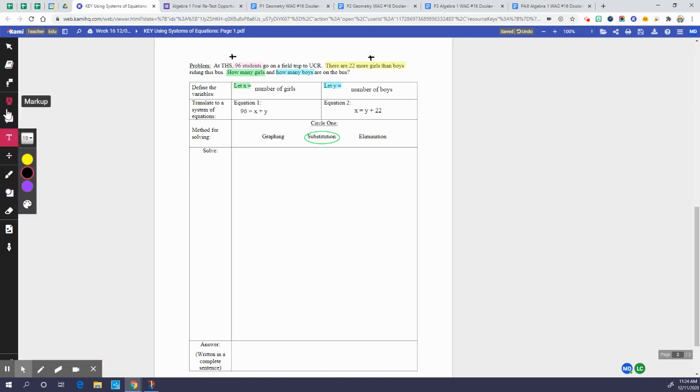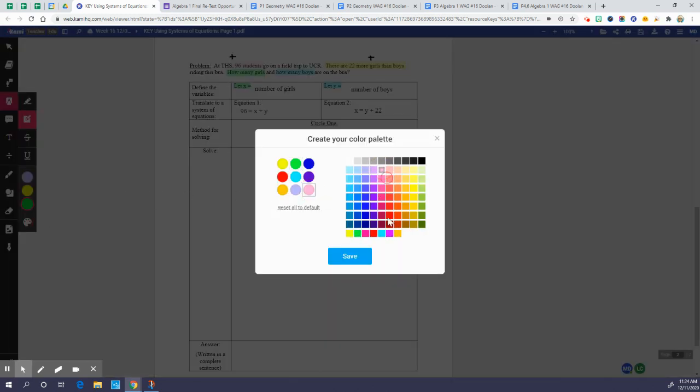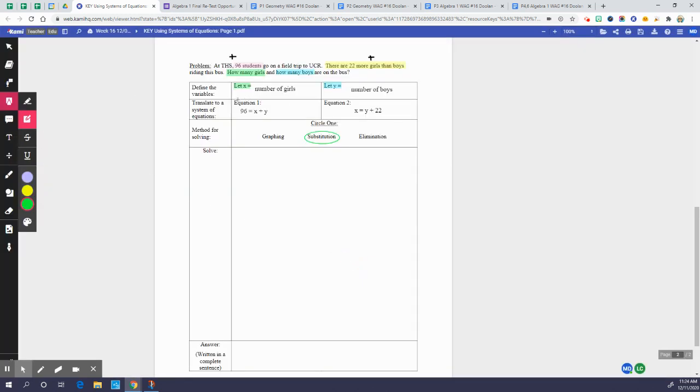And I am going to highlight so you can see where those came from. First we're going to use pink. Equation 1 right here. So that's from the first sentence. And equation 2 is from the second sentence.